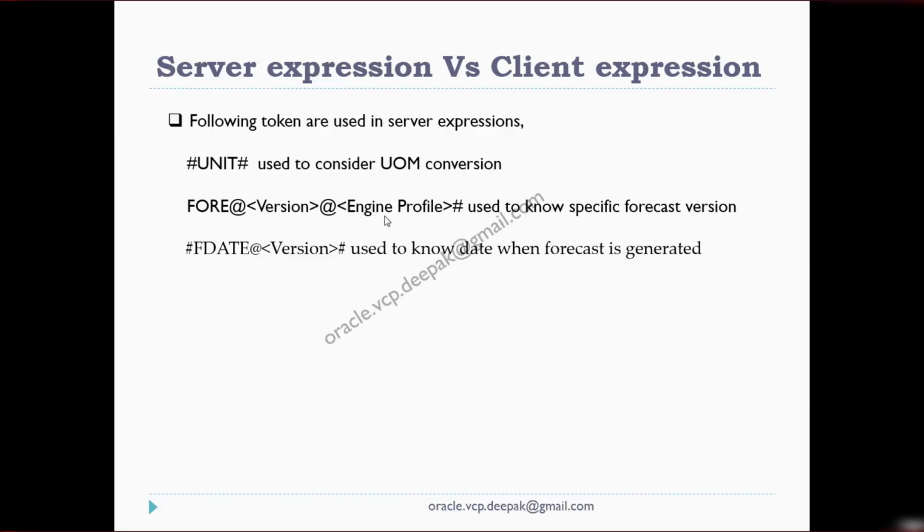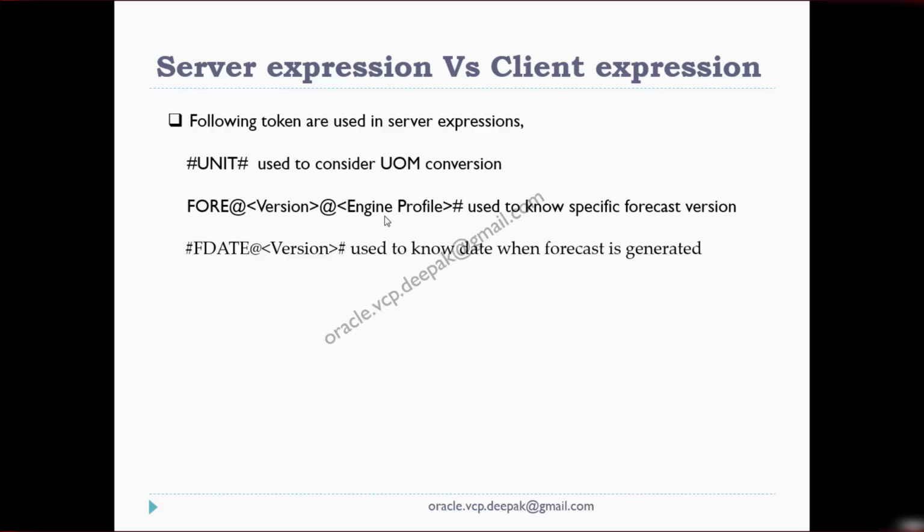For example, we define one engine profile which is having 400 different parameters, and it does the calculation by using one particular demand series. Like it uses the point of sale forecast, point of sale history. The point of sale means when you actually sold that item. So that demand stream will be used by that engine and it determines the forecast.